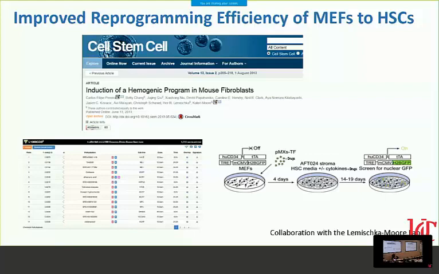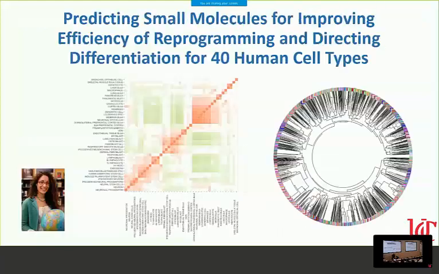So potentially another application for L1000 data is to identify small molecules that can help us reprogram as well as direct differentiation in this regenerative medicine field.